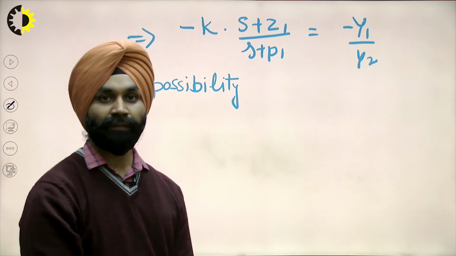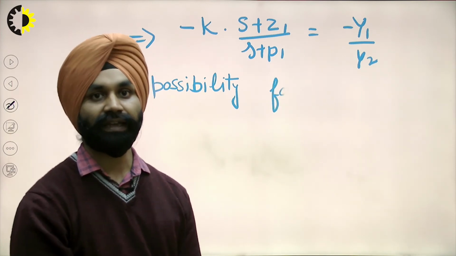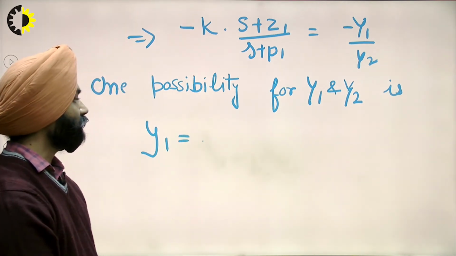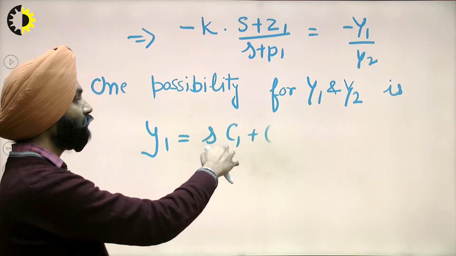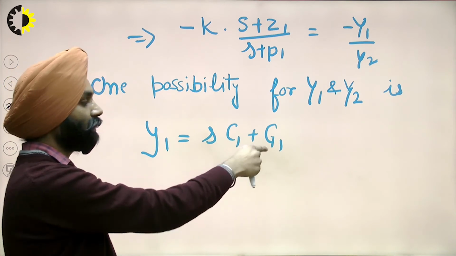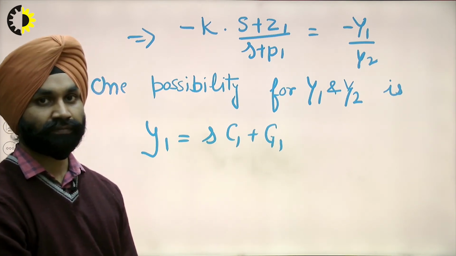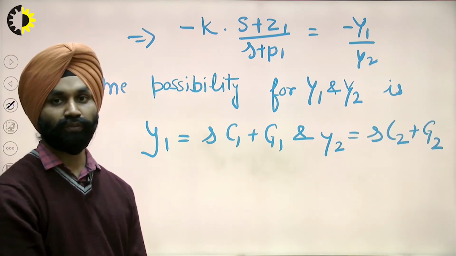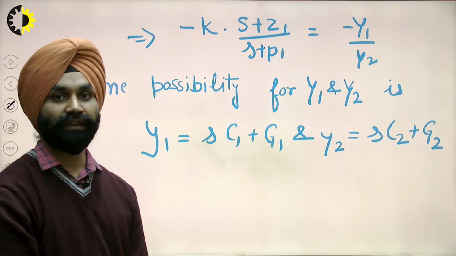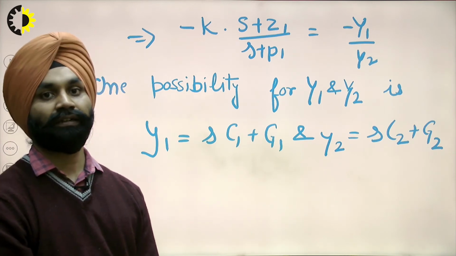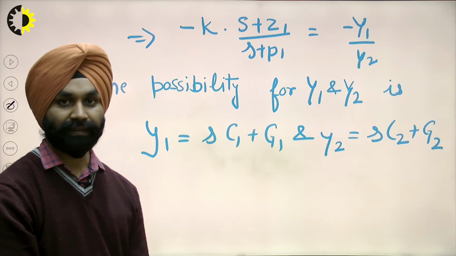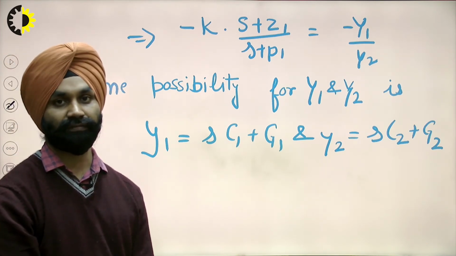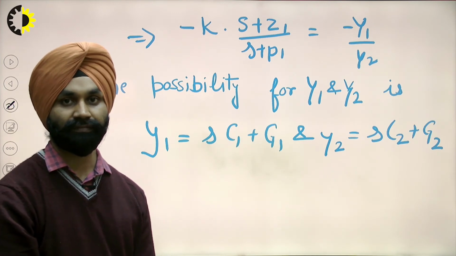So if we implement this, one possibility is that Y1 is equal to some components, say sC1 plus G1, and similarly Y2 can be given by sC2 plus G2, where C1 is the capacitance and G1 is the conductance of the resistor, that means admittance.